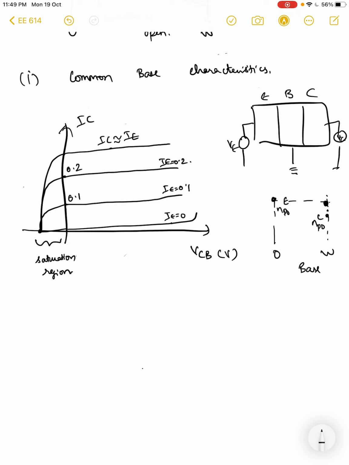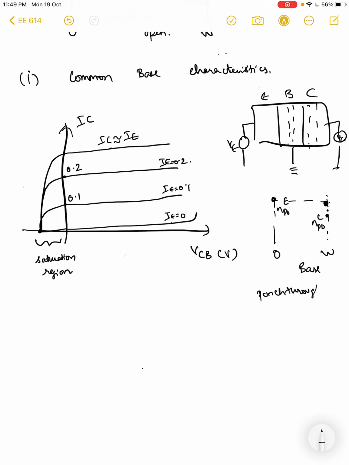right? Now what happens if I increase the reverse bias dangerously high, right? So there are two things which can happen. Now as I increase the reverse bias, as we saw previously, the depletion width will increase, and if the base width is so small, you reach a point called punch through.